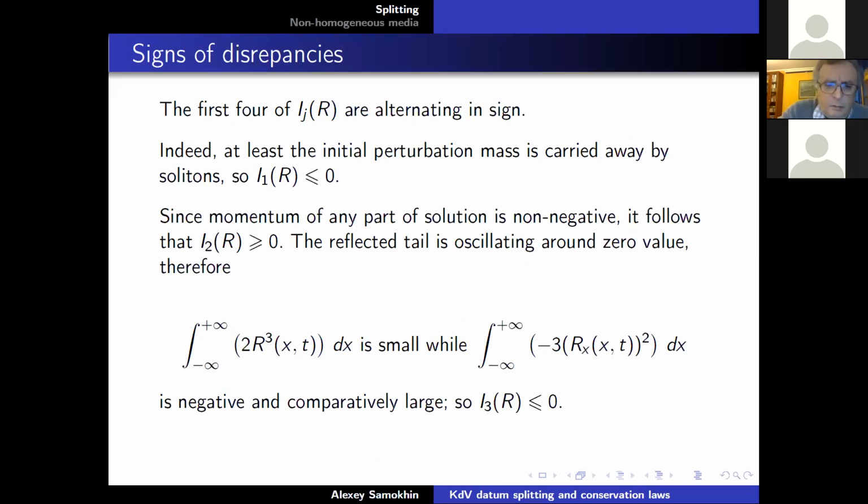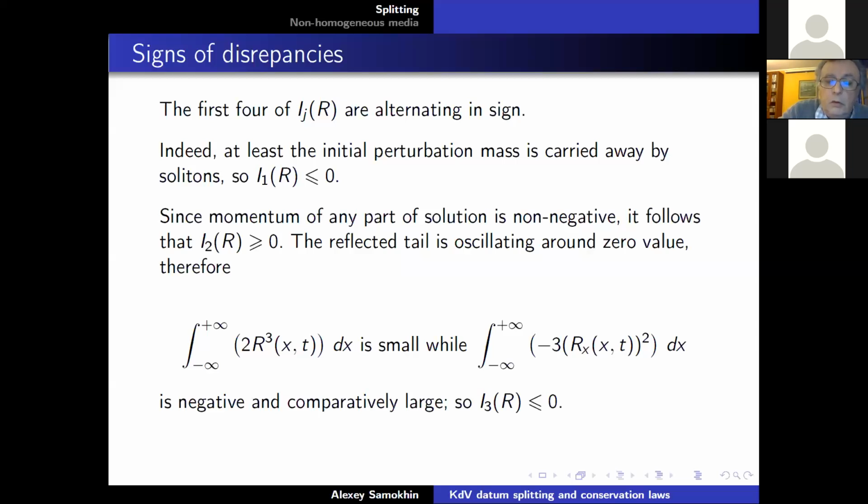It's understandable, because if initial data is positive, then since the motion is ruled by the transport equation, all this mass of initial data moves to the left.